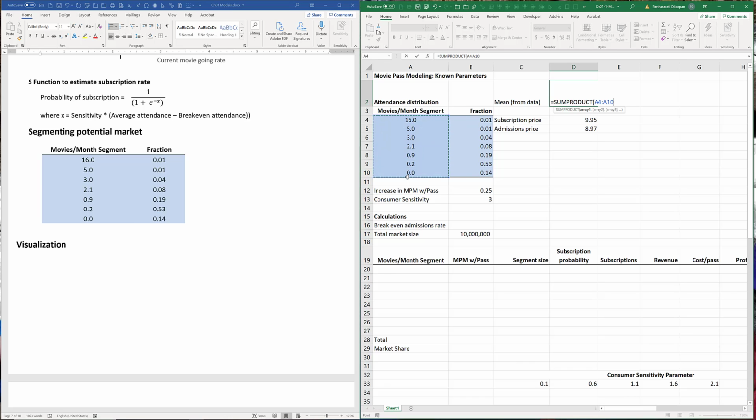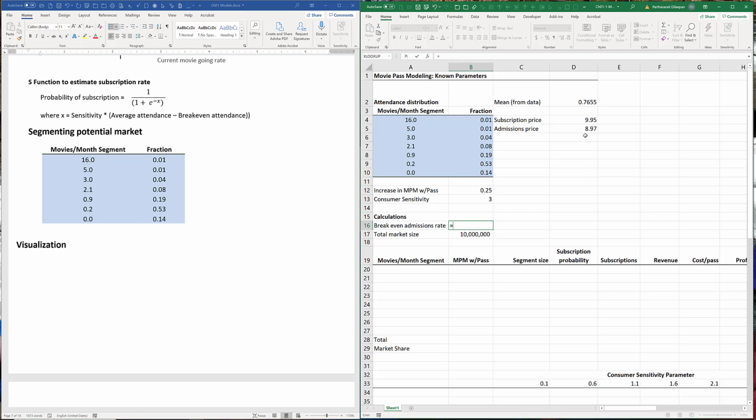Take the x values and the corresponding fractions, and that will give us the current movie going rate average for the entire movie going population. That's about 0.77.